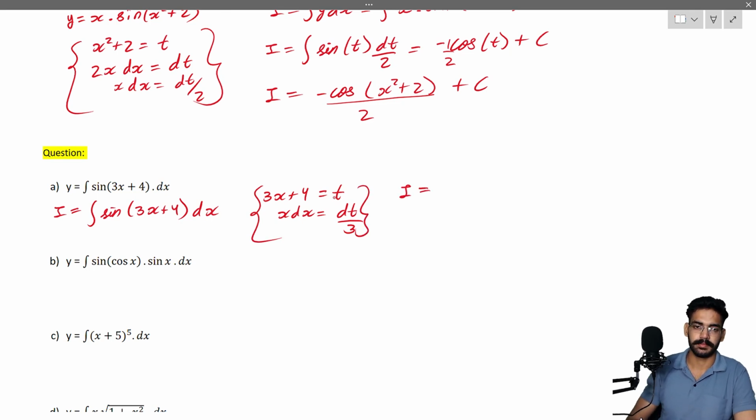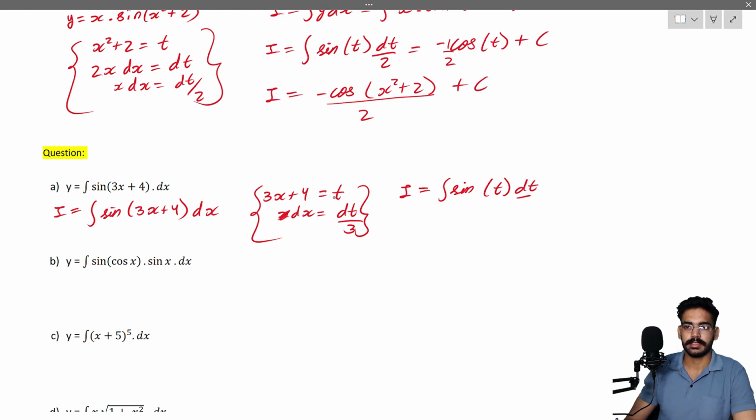Let's write down the I. I is the integration of sine t, and dx, sorry for that, is dt by 3. So sine t, and dx is dt by 3.